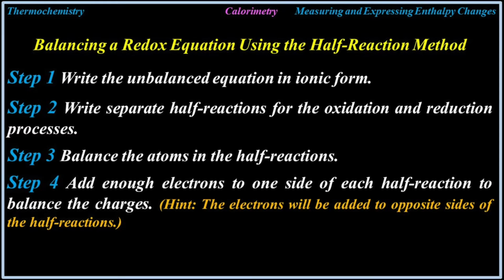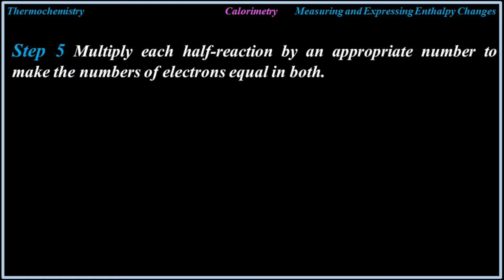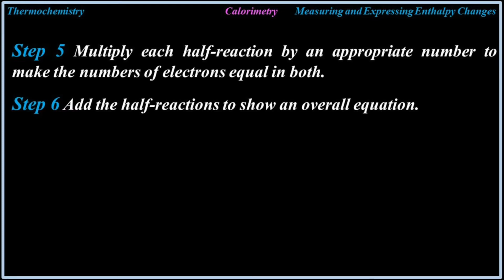Step 4, add enough electrons to one side of each half reaction to balance the charges. Hint, the electrons will be added to opposite sides of the half reactions. That's key. Step 5, multiply each half reaction by an appropriate number to make the numbers of electrons equal in both.